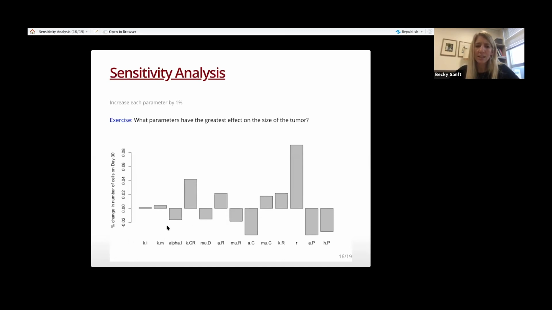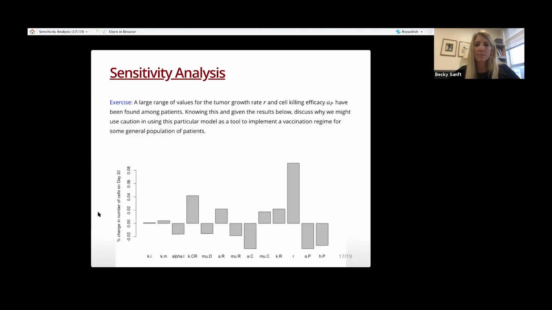Students can look at this and see, okay, if I increase this parameter, does it make sense that the change would be positive, or negative? So this is a nice way of validating the results. It helps students do that. We see that it seems to be really sensitive to changes in R and AP. So we can look at that a bit more, and Anne will talk about that next.